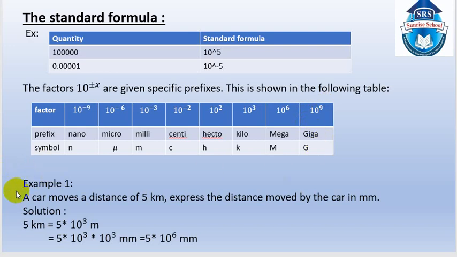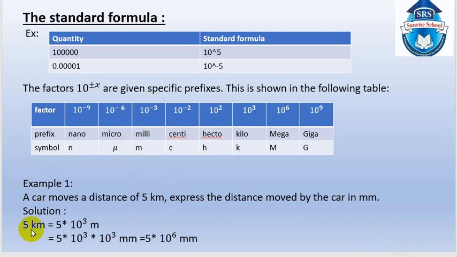For example, a car moves a distance of 5 kilometers. Express the distance moved by the car in millimeters. We change the measuring unit from kilometer to millimeter. Kilometer equals 10 power 3, millimeter equals 10 power negative 3.